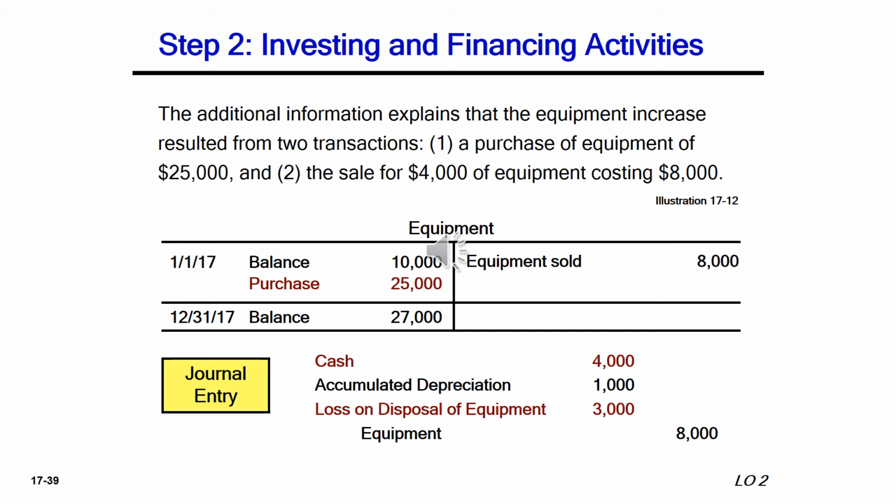So just a reminder, in the general journal, that would be a debit to cash, a debit to accumulated depreciation of 1,000, and of course the debit to cash is the amount collected from the sale, which is 4,000, and a debit of the loss on disposal of equipment account of the difference between the equipment cost and the sale price with accumulated depreciation. So that would be 3,000. Let's see how this is going to be represented in the statement of cash flows in the following slide.